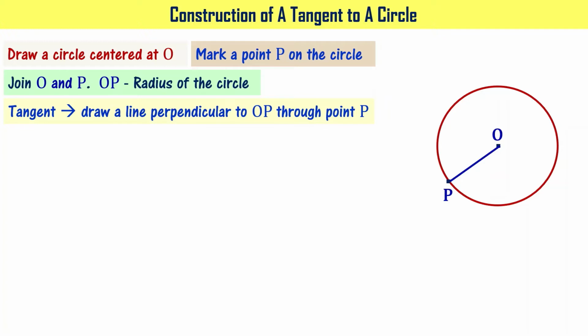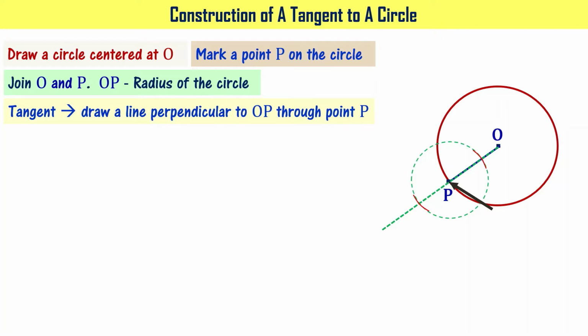If you don't want to do it that way, there is another way. Let's try that now. Let me extend OP as shown here. The dotted line is the extension line. Taking point P as the center, let me draw two arcs as shown here.